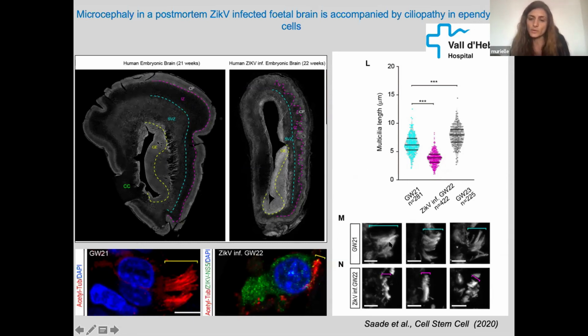Down here, what I'm showing you are three different ciliary distributions of three healthy ependymal cells. However, in the infected ependymal cells, you can see how cilia are much shorter and disorganized.